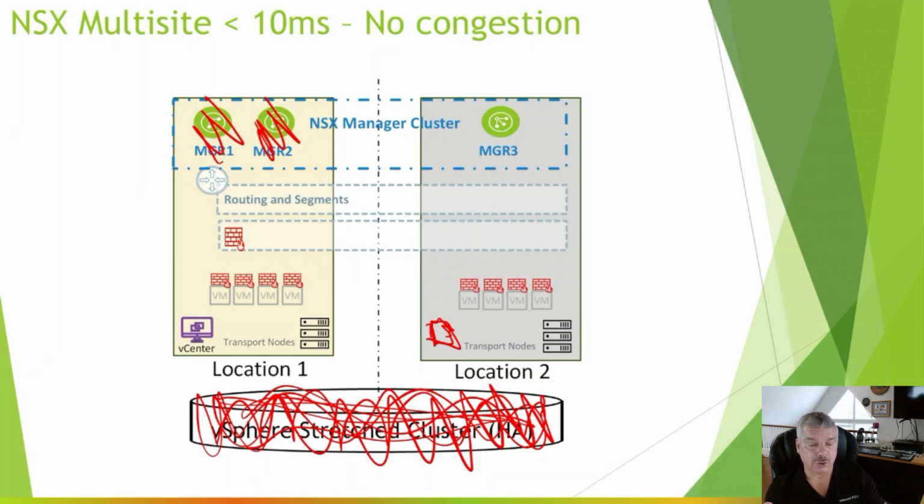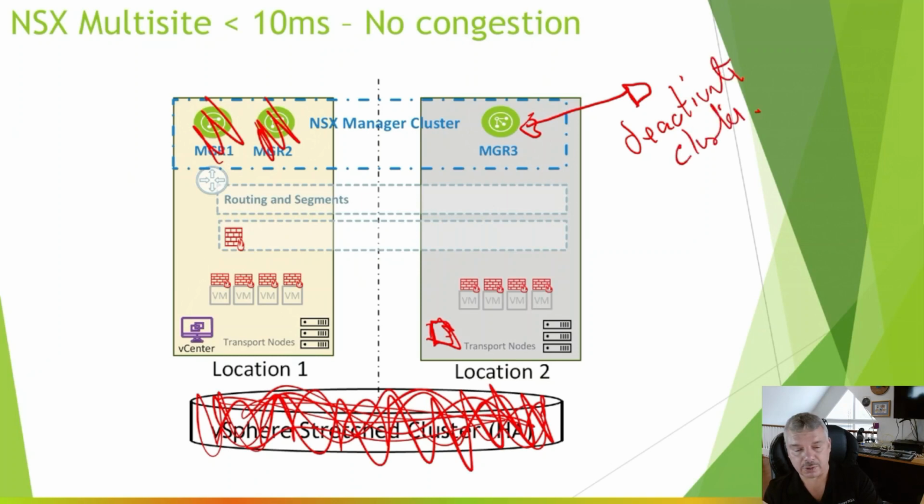okay? You can go into this manager here and run the deactivate cluster option. What that does is, it'll say, oh, I'm manager 3. I have a manager 1 and a manager 2, but you're running the deactivate cluster.